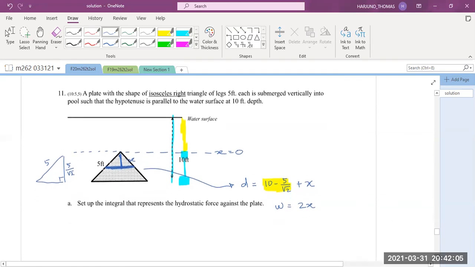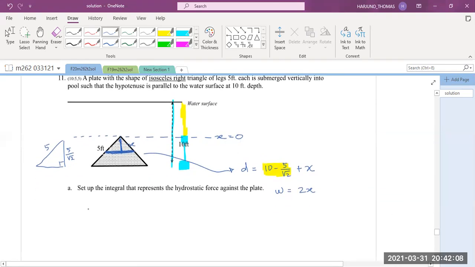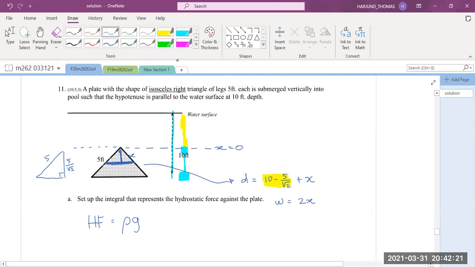Now then, my hydrostatic force will be rho g. Do I use rho or density? Okay, then I use density rho, rho of the water times g, integral from 0 to 5 over radical 2.